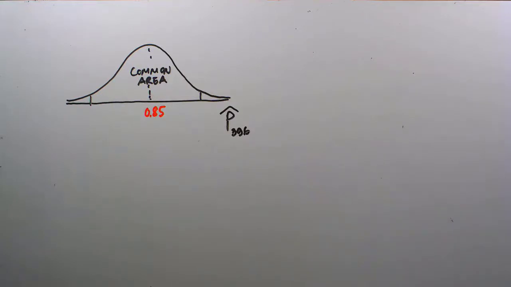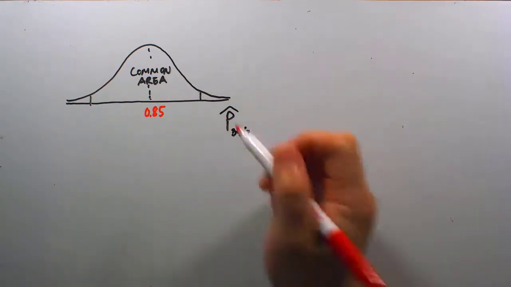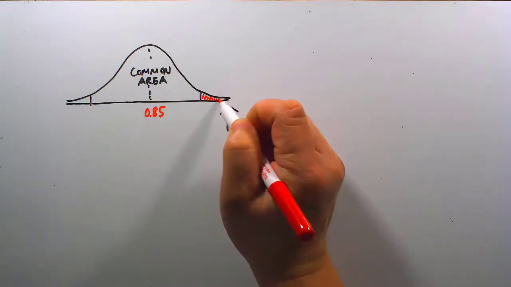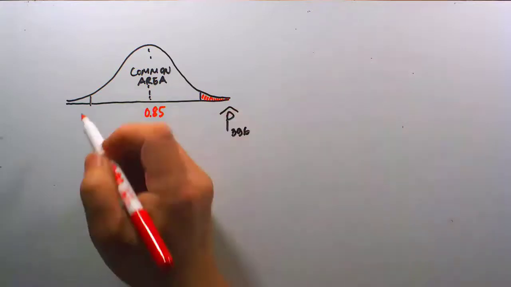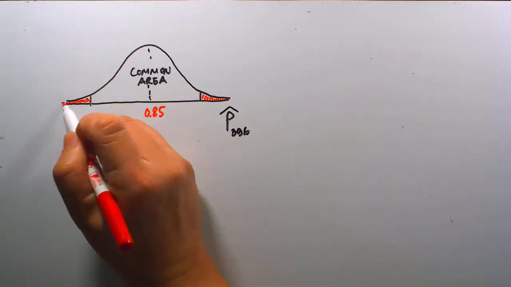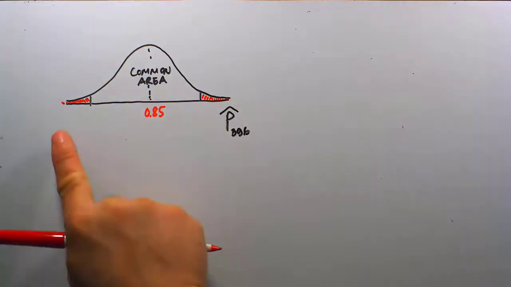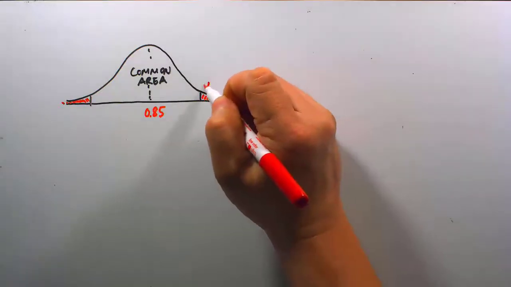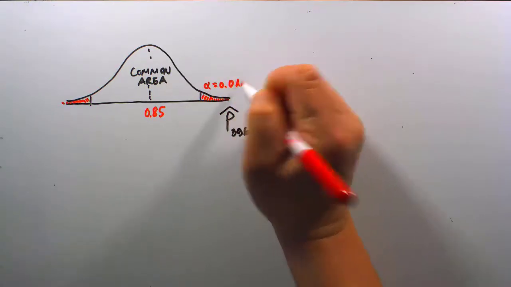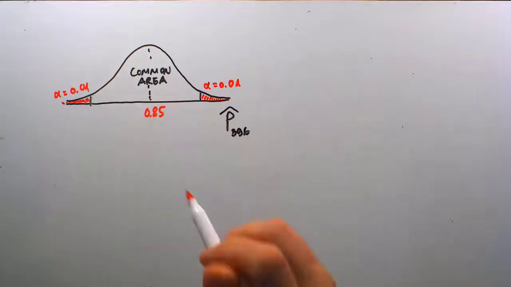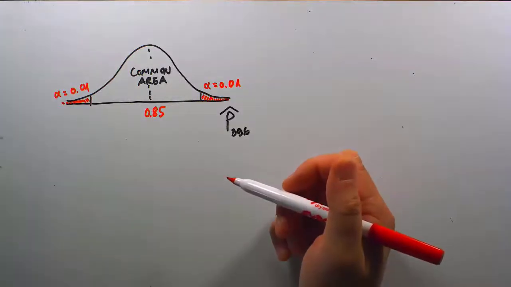But now right here, since our significance level is given to be 0.01, this little tail being referred to as the unlikely area, and also the other little tail to the left outside of our common area, each one of these is now as large as 0.01 due to our significance level being 0.01.